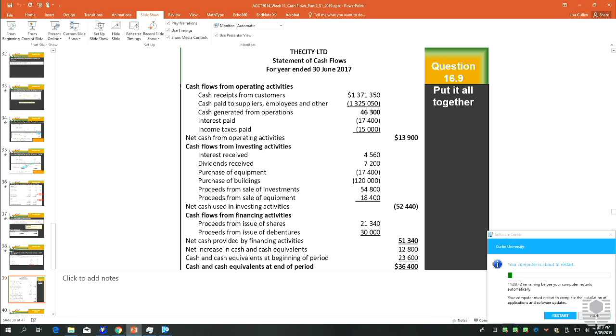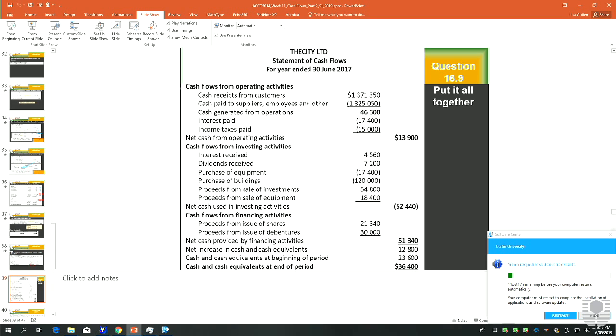The items below are the movements in your balance sheet items that relate to operating items. So we've got a movement there in your accounts receivable, right? So we're going to minus out increases in assets. We are going to add your increase in your allowance for doubtful debts. We've got a decrease there in your inventory. We're going to add that back.